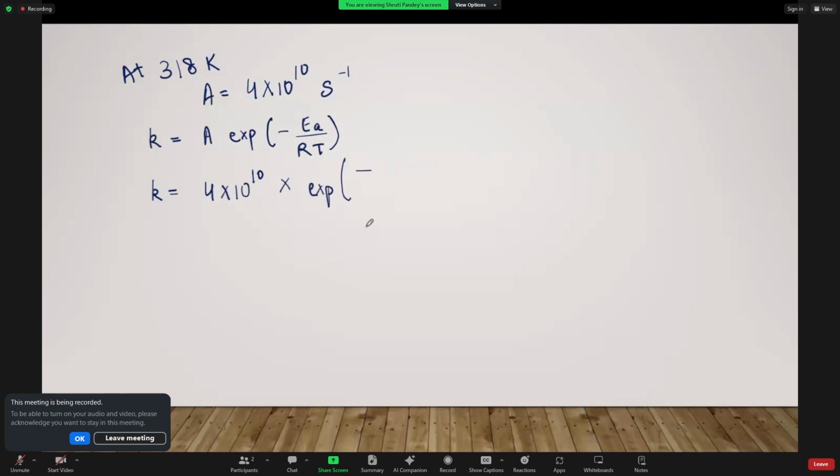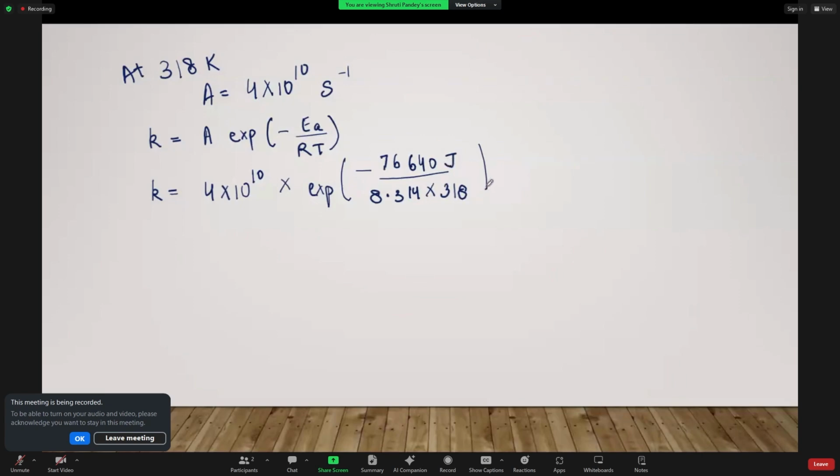What was the activation energy? It was around 76640 in joules upon 8.314 into, और जो temperature है वो हमें यही वाला रखना है, 318 Kelvin.